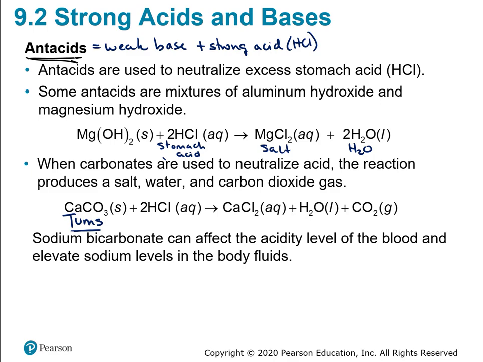But if you take a Tums, or baking soda, or there's magnesium hydroxide, calcium carbonate examples here. Notice these bases react with HCl, which is stomach acid, and it makes a salt and water. So if you have excess acid, you use those antacids to help decrease the amount of stomach acid that's present in your stomach, and that helps to alleviate the indigestion.